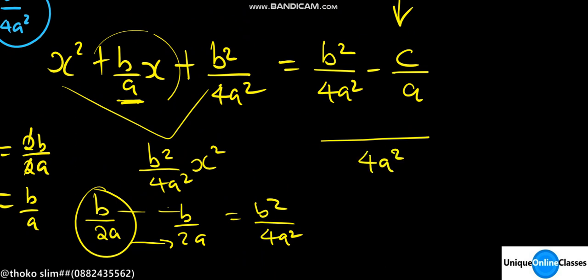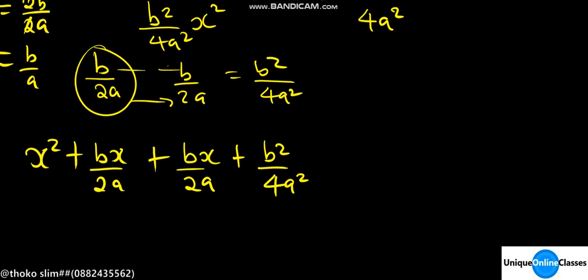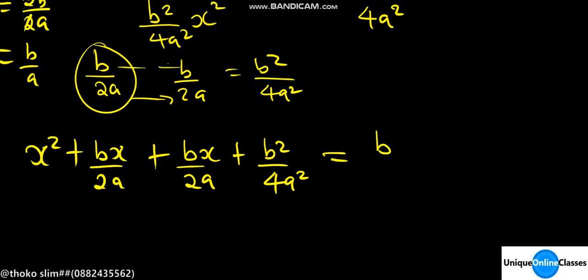So 4a square into 4a square, that's 1 times b square, minus 4a times c, the answer is 4ac. So here I can just drop down that one, b square minus 4ac divided by 4a square.